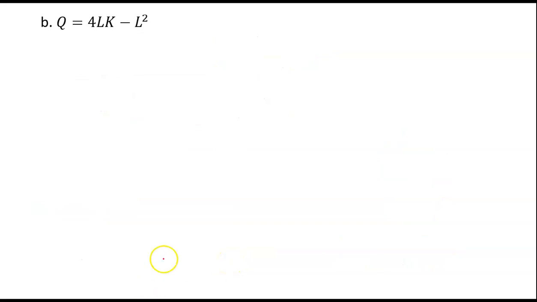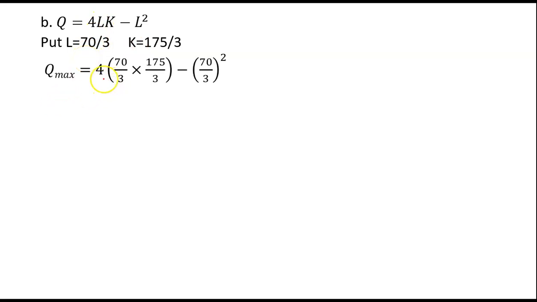So question B says we should find the maximum output, isn't it? So to get a maximum output, you recall the objective function. When you recall the objective function, you are going to substitute what you got for L and what you got for K into it. So when you substitute, you are going to have 4L, which is 70 over 3 times K, minus L square, and your L is what? 70 over 3, right?